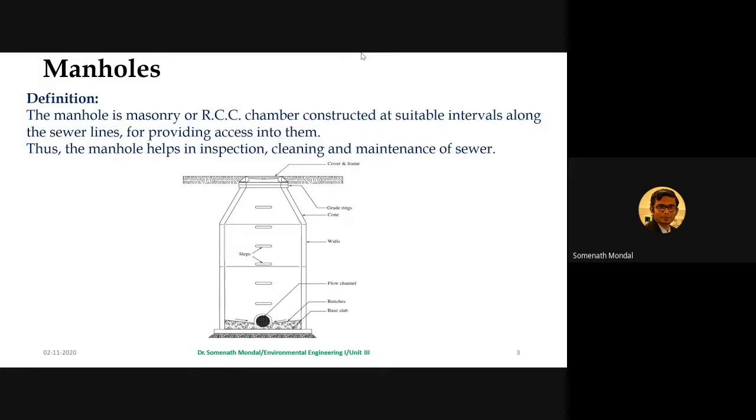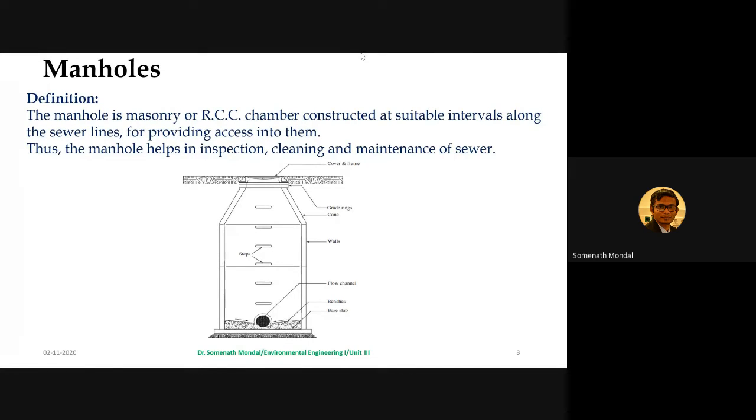And this manhole basically consists of several components which I have shown here. From the bottom, within the manhole, we have a chamber, as I have already mentioned, which is made up of RCC or brick masonry.